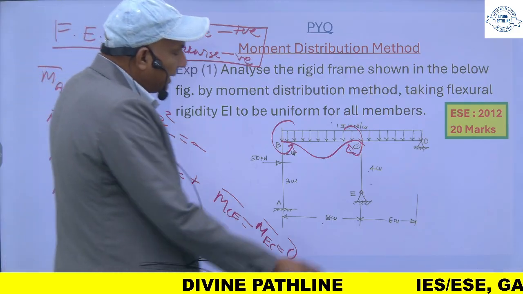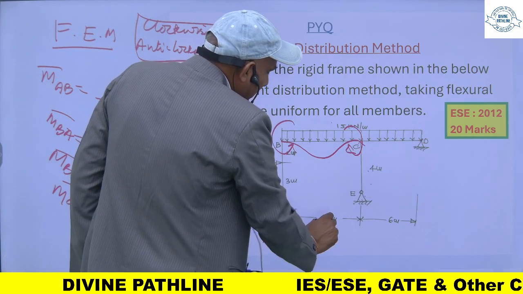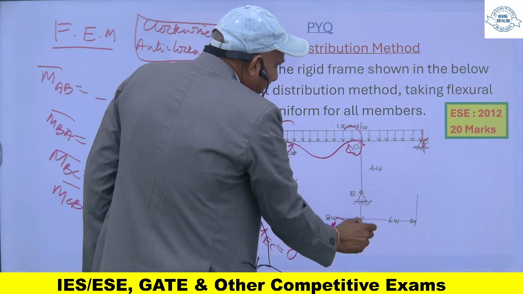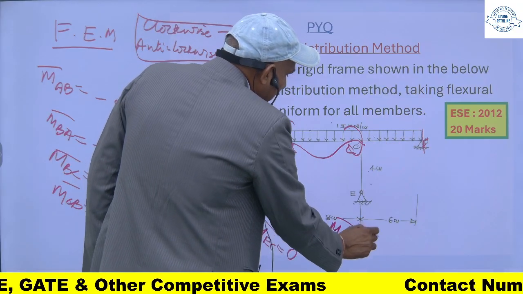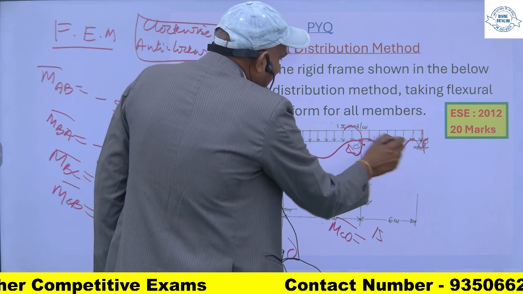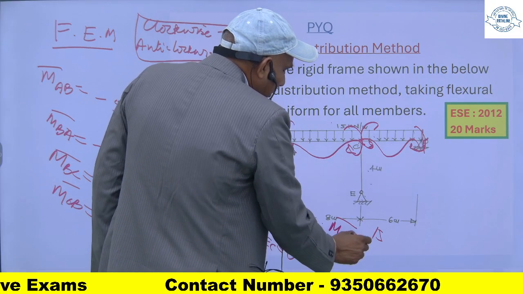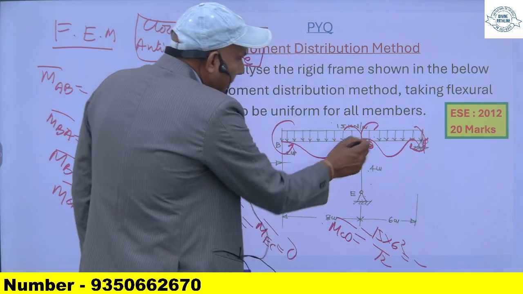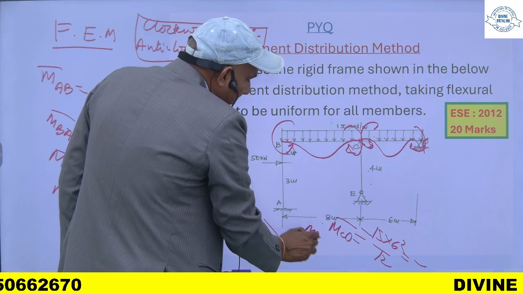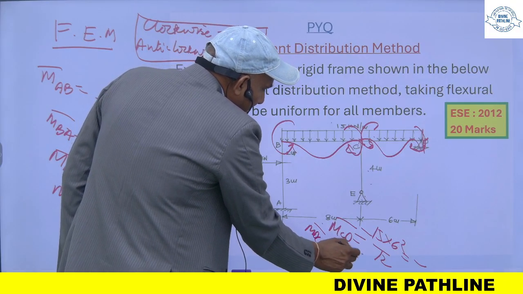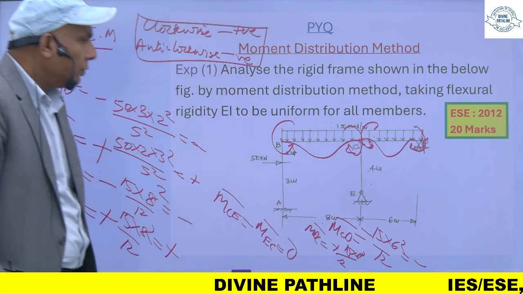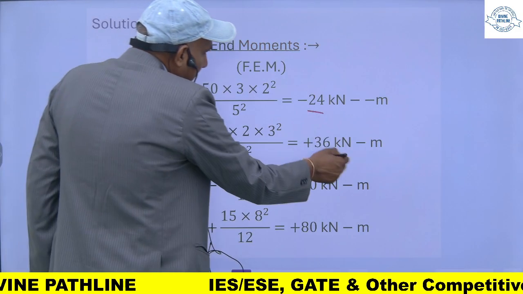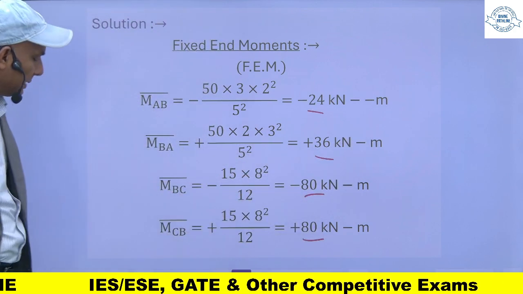And fixed end moment for this member CD, treating it as a fixed beam, MCD will be negative 15 into L square upon 12, and MDC will be positive and the value will be the same. So you will get these fixed end moments. Now these are my fixed end moments.